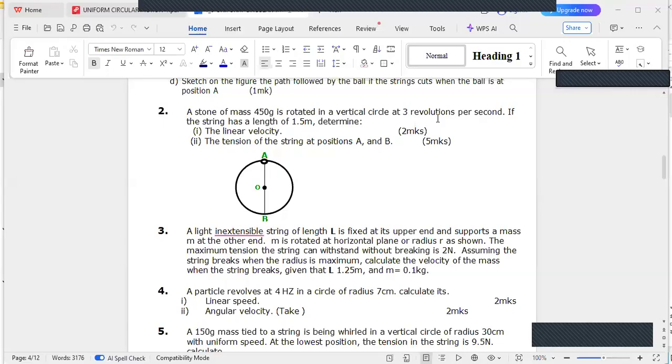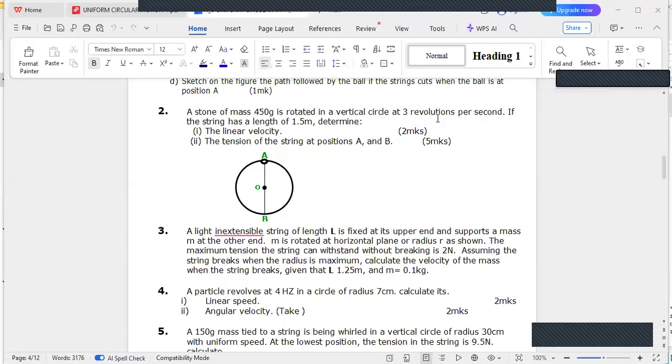Tension at B, TB equals mv squared over R plus mg. So we have mv squared over R gave us 239.76, plus 4.5, which gives us 244.26 newtons.